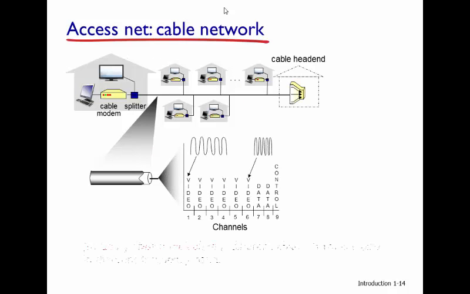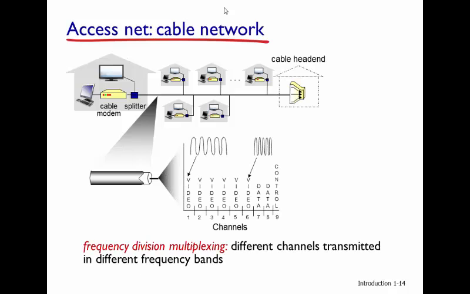If it is a cable network, then it is similar to the configuration here at home. Through the cable lines, there is a splitter between the TV and the modem.